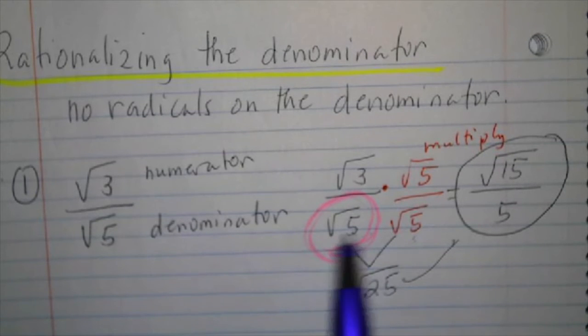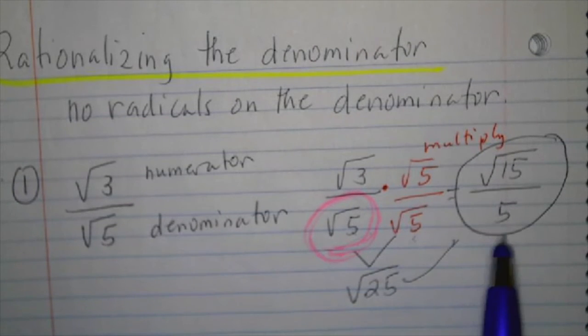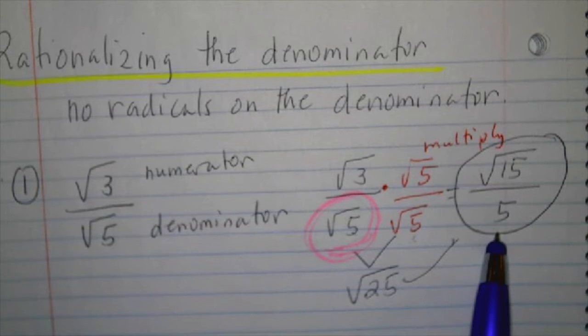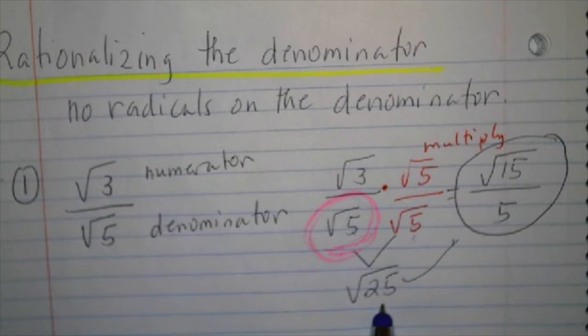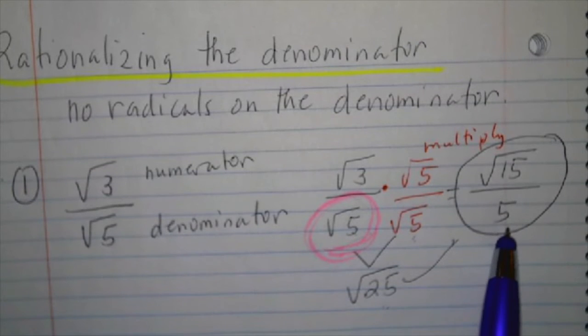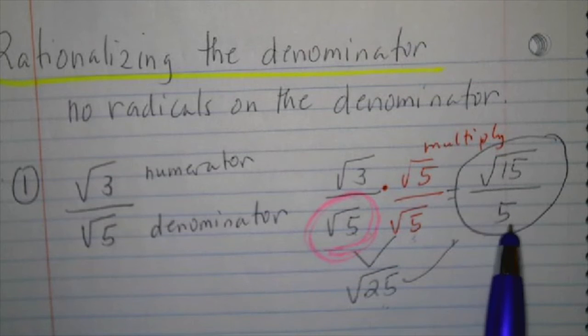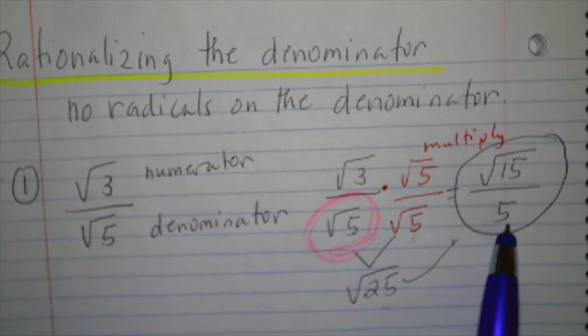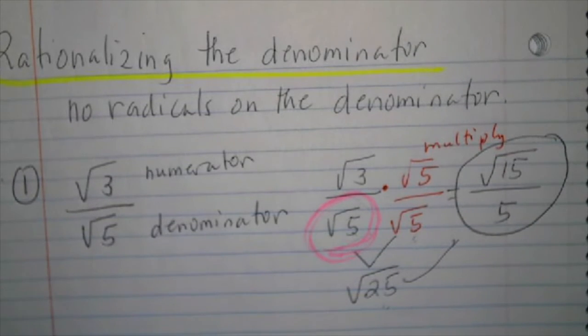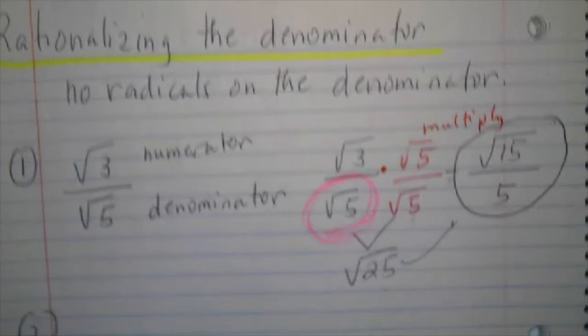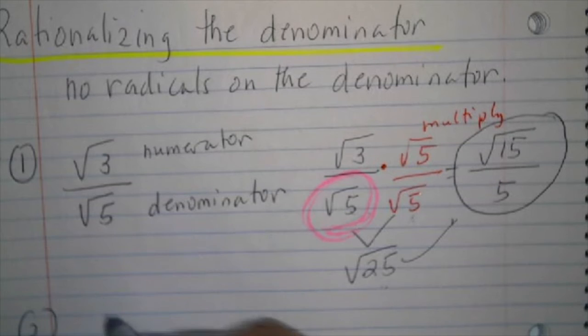This is now your answer. See that? If you have the same number that you're multiplying, just remove the radical symbol and write the common number. You don't have to do this, because if you multiply, it gives you 25, and the square root of 25 is 5. So if they're the same number, just take out what is common without the radicals. Be aware about that. Okay?